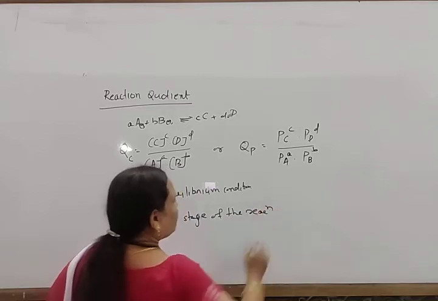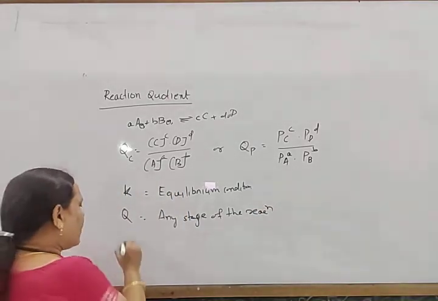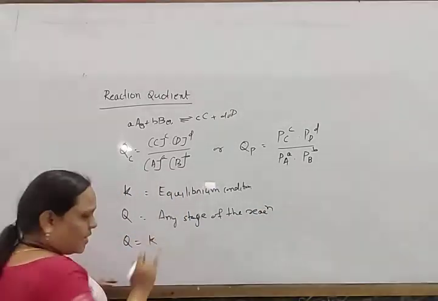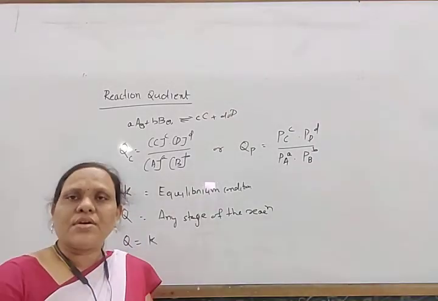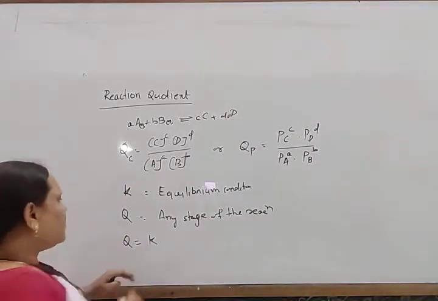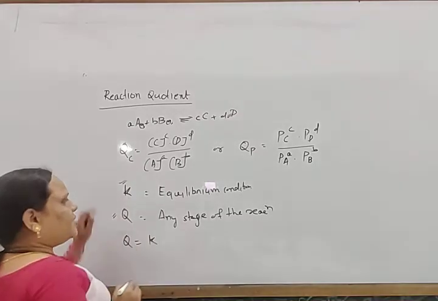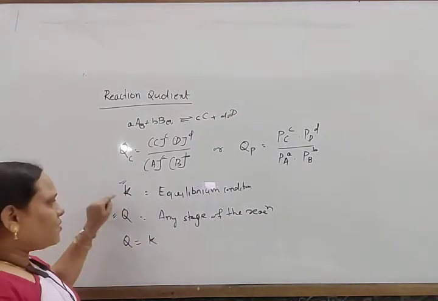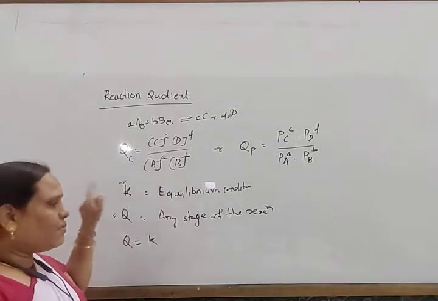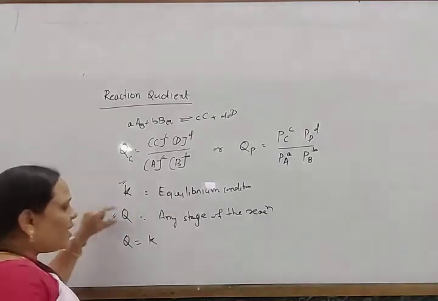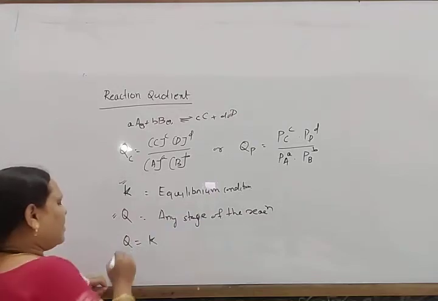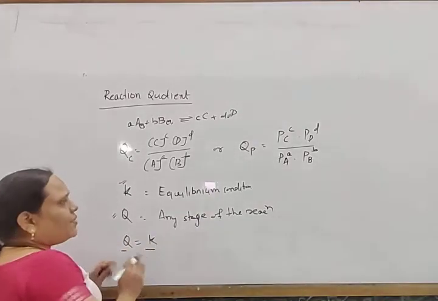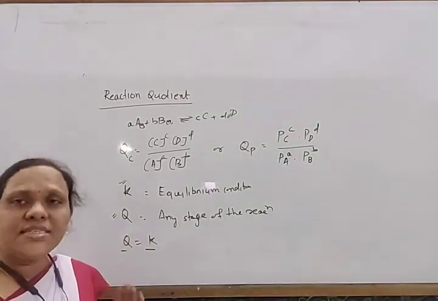So this is the difference. When Q is equal to K, the reaction is at equilibrium. K is constant for a particular reaction at a particular temperature, but the value of Q is different.